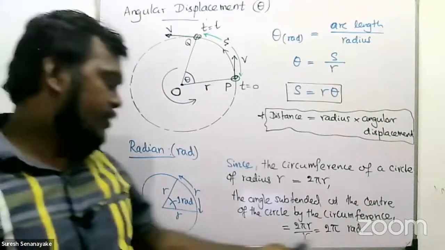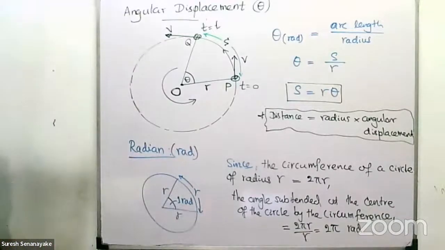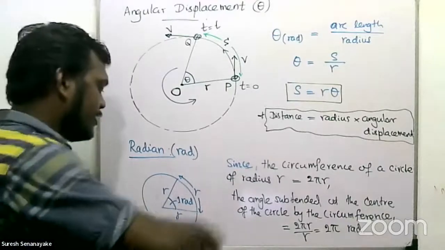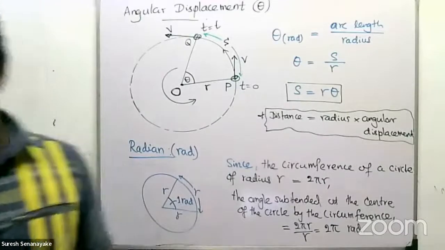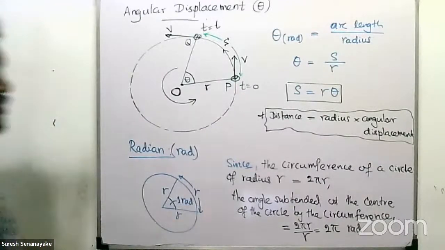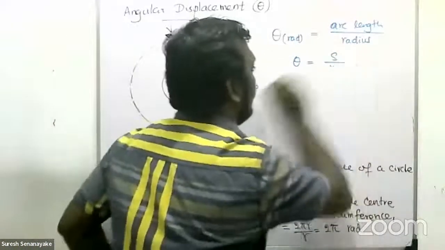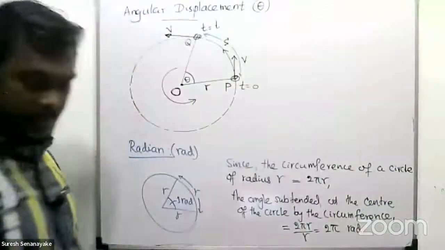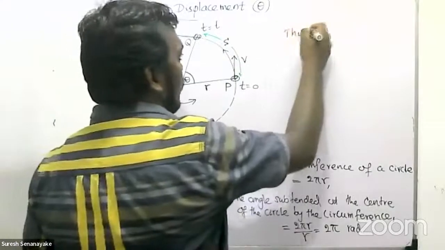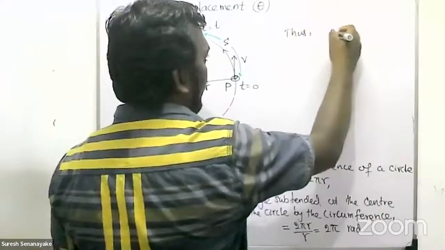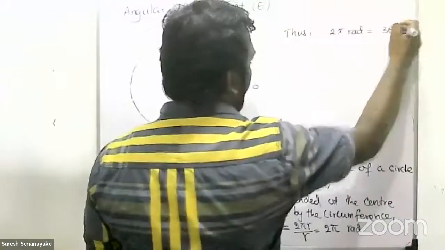Okay, this 2 pi r over r is 2 pi radians, right? We know that a circumference is 360 degrees. So 2 pi radians equals 360 degrees.